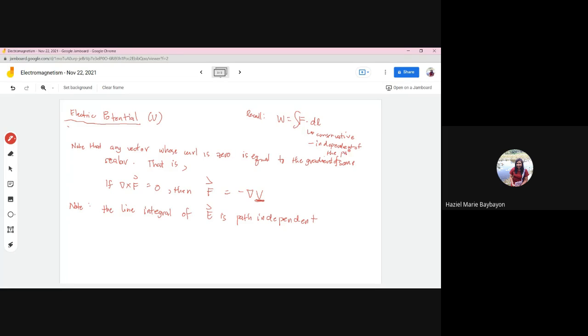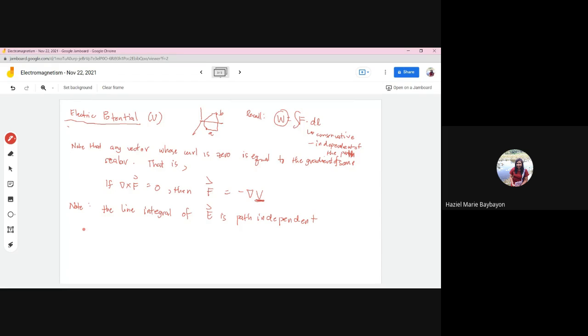Meaning to say, you can go through any path. For example, if this is your point A and point B, then from here, you can pass through here, or you can pass through any path, class. You will get the same amount of work. Okay? So it is path independent. So the same with your electric field, the line integral of the electric field is path independent.